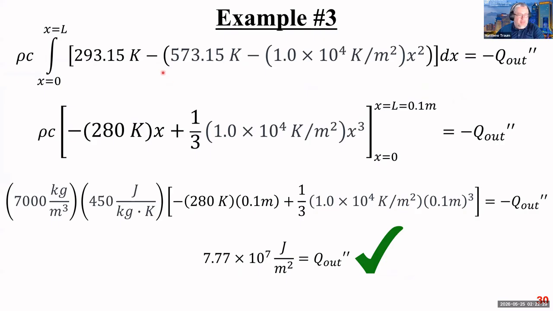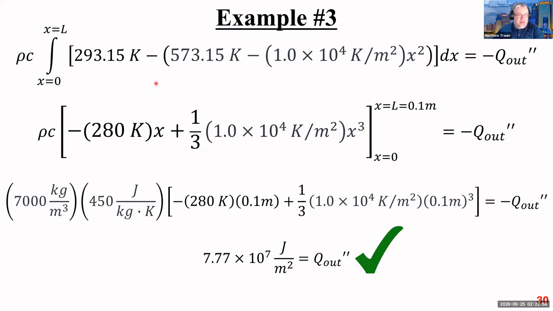So this term and this term combined together to give me minus 280, but it's now a constant. So it gets multiplied by x in taking the integral. And then this term is a constant, but it's multiplied by x squared. And so when I do the integration, I get x to the third, but then I need a 1/3 to come down to negate the 3 if I do the derivative.